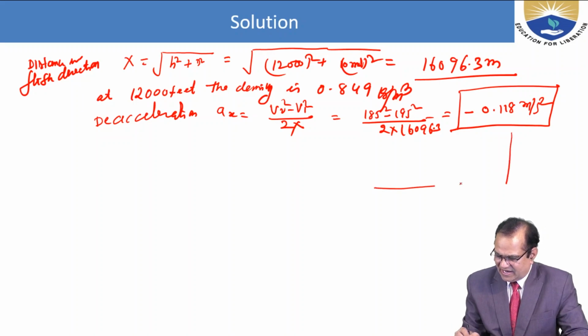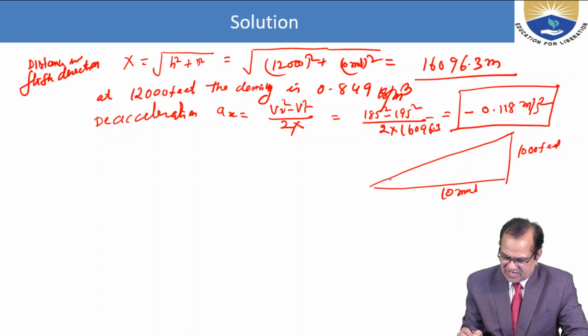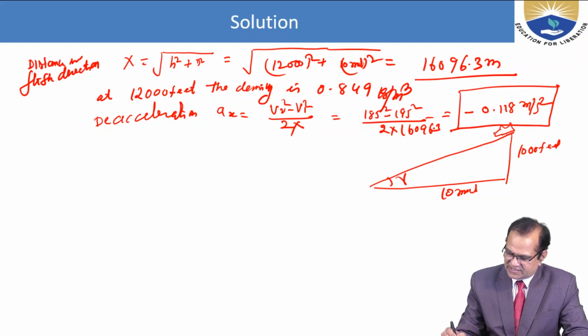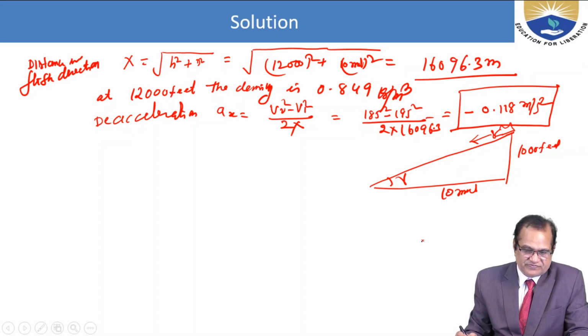So if I make the diagram, it is like this. It is 1000 feet and this is the 10 mile and this is the gamma. Aircraft is from here, it is like this. This is the aircraft. It is gliding like this.